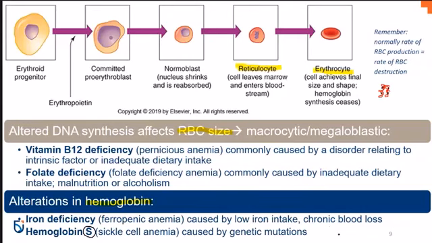And this is caused by genetic mutations where we have a red blood cell that should be this size all the time, or this shape all the time, and under certain circumstances, such as being in an environment where oxygen is less available, so maybe they're at higher altitudes, the cell can sickle, and a sickled cell is not going to be able to carry the appropriate amount of oxygen and certainly not be able to properly deliver it to tissues. But we'll come back to that a bit later.